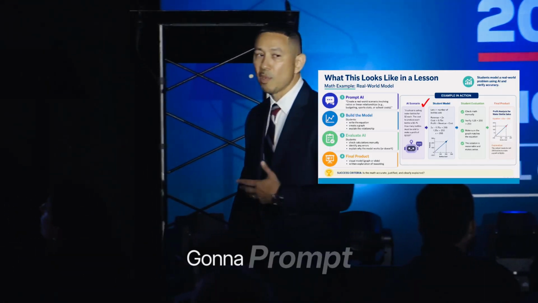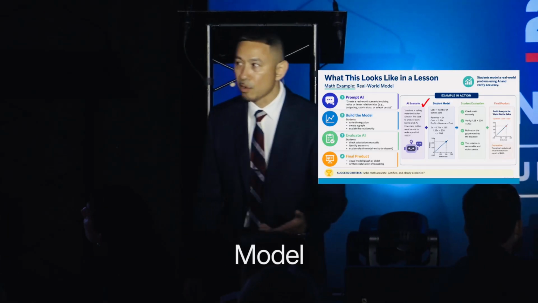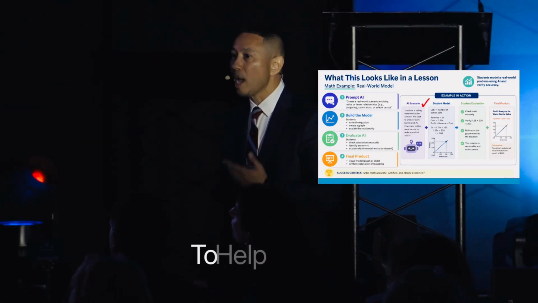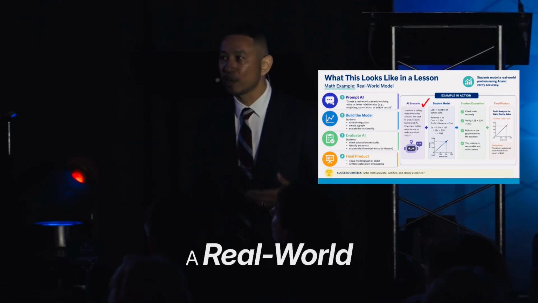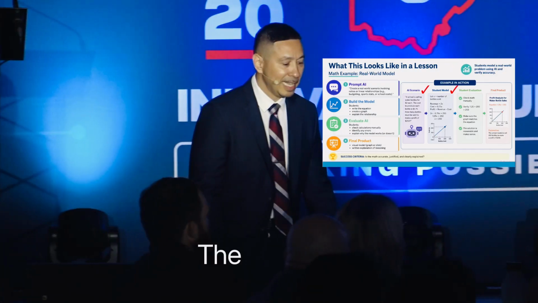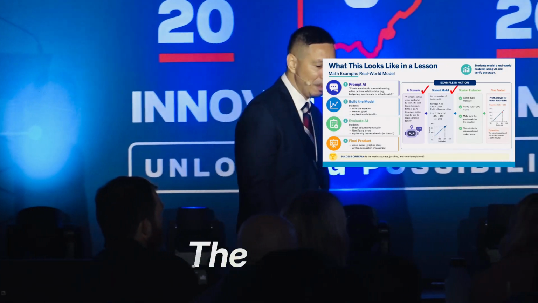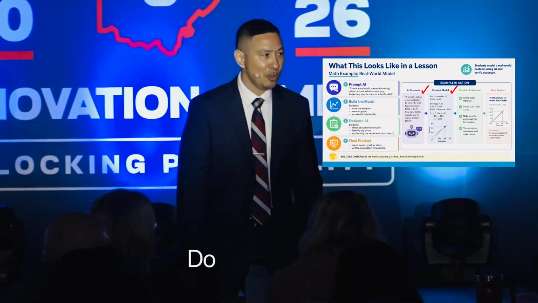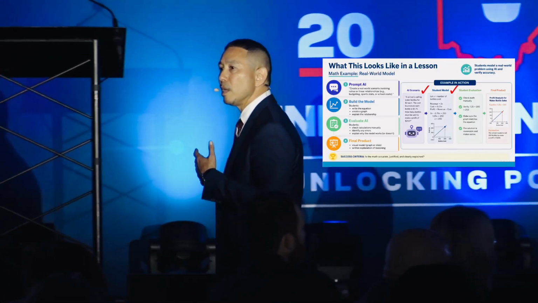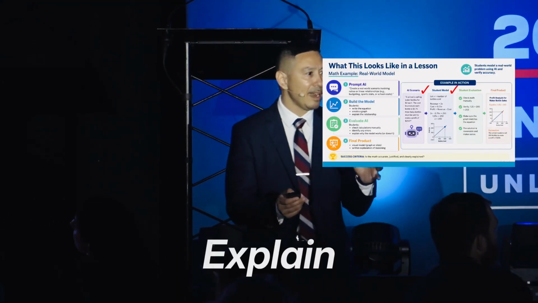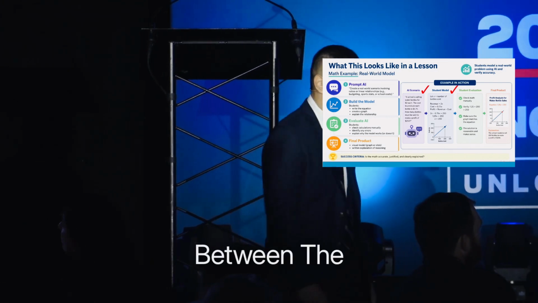The kids are going to prompt AI, not for the model, but for it to help them in developing or creating a real-world scenario. Then in step 2, the kids are going to build the model themselves, do the math, do the graph, make a script for how to explain the relationship between the two.